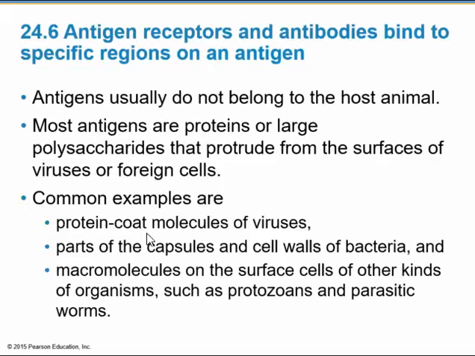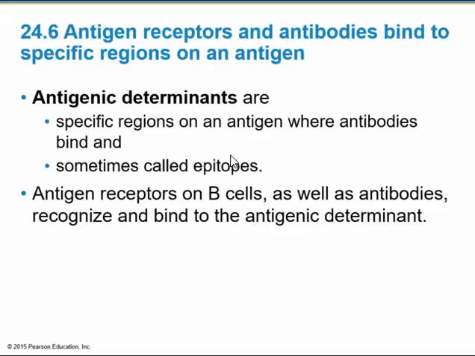The protein coat of viruses, the parts of the capsules and cell walls of bacteria, and macromolecules on the surface of other cells, protozoans, parasitic worms. Those are all antigens. Alright, antigenic determinants are specific regions on an antigen where the antibodies bind.